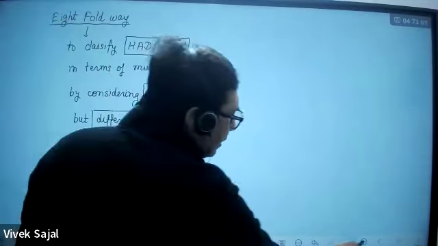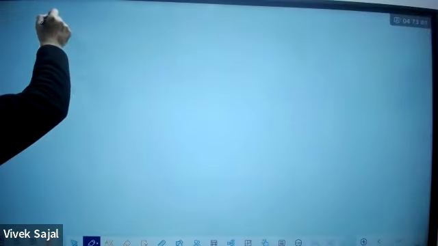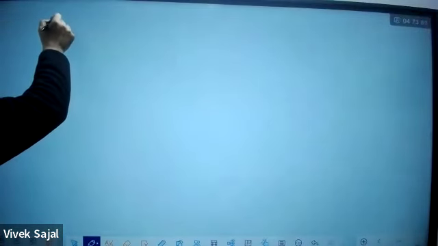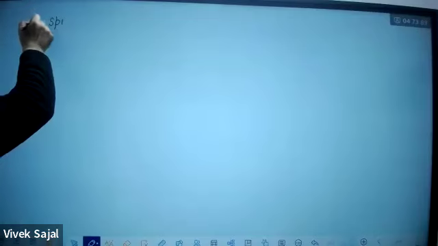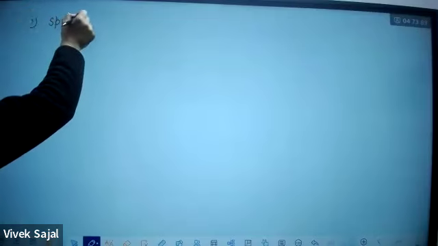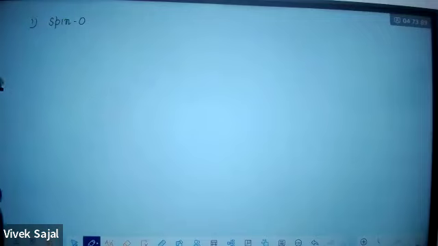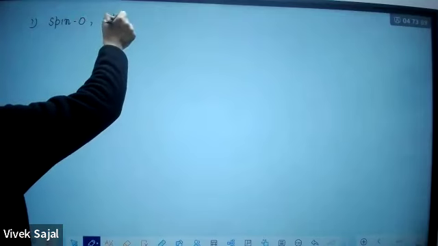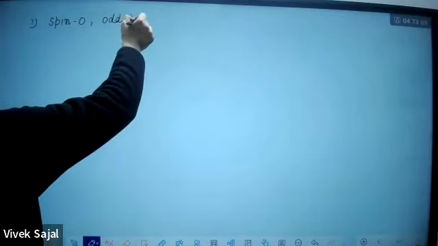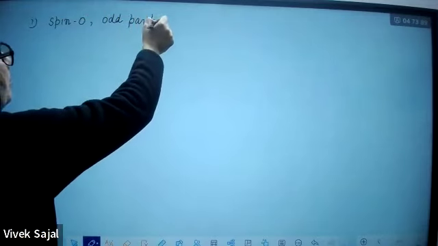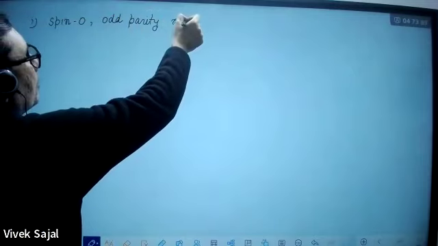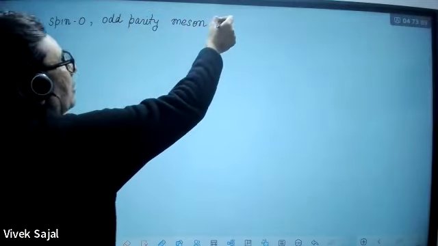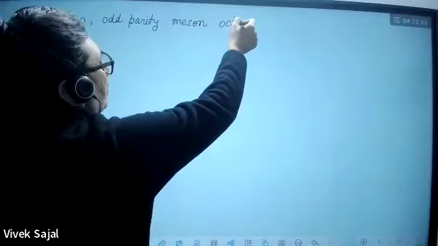So first classification was spin zero. तो spin कितना था बेटा? ठीक है, so the first category they were choosing was spin zero, odd parity, mesons, octet.